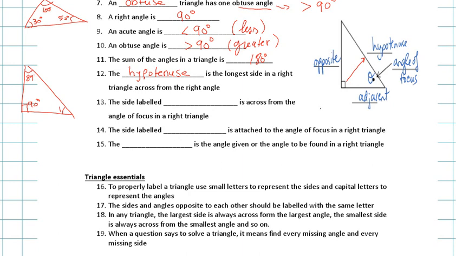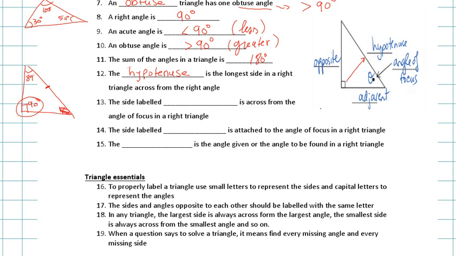Mathematically speaking, and if you want to build something, the angle and its opposite side always have to match, which means the greatest angle will have the greatest side. The smallest angle will have the smallest opposite side. So if this is your greatest angle, then this should be your greatest side. If this is your smallest angle, then this will be your smallest side.